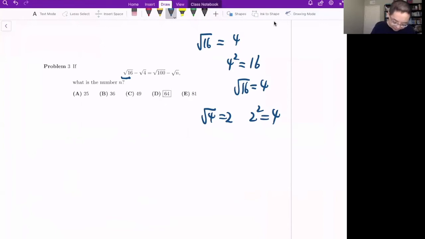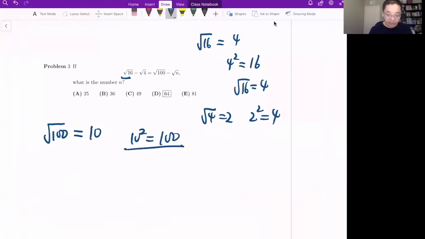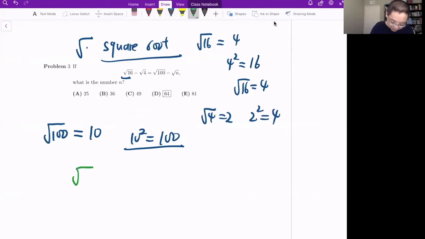In particular, the square root of 100 equals 10 because 10 squared equals 100. That's what this notation is called, the square root. Now let's go back to this equation: square root of 16 minus square root of 4 equals square root of 100 minus square root of something.